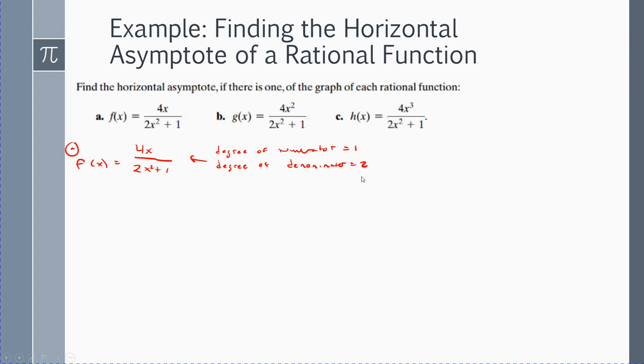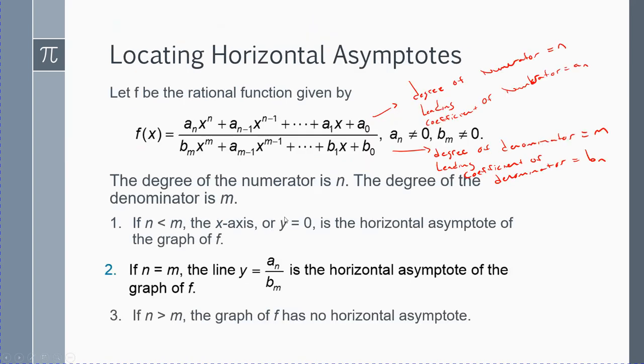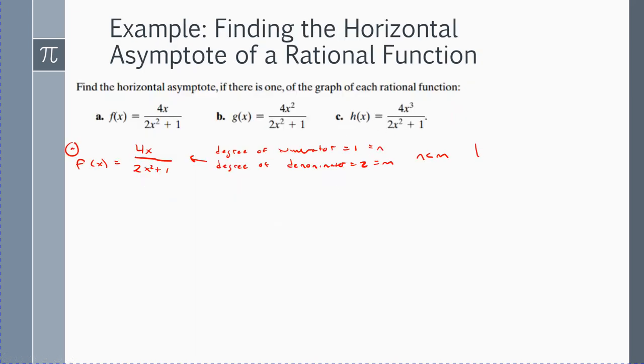Just so we're clear, this is my n and this is my m, and we see that n is less than m. So y is equal to 0 is the horizontal asymptote. Boom, we got it.